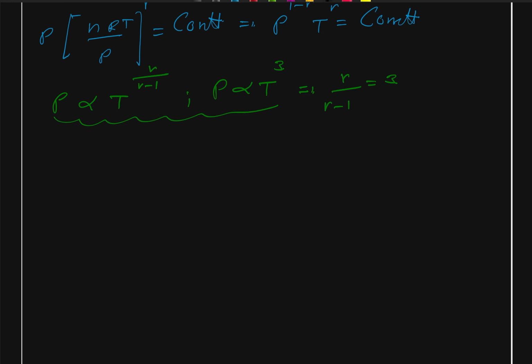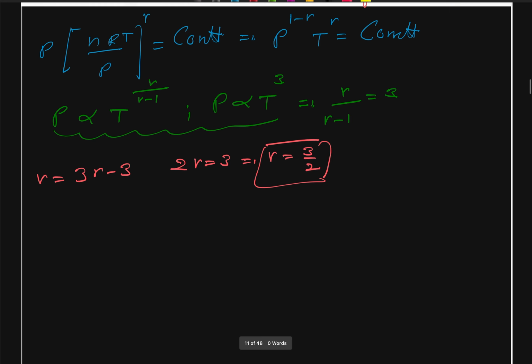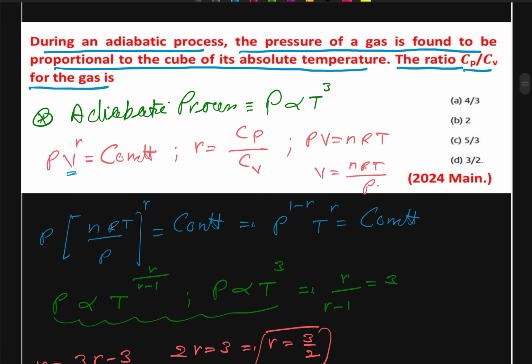From here we get gamma is equal to 3 gamma minus 3, and this gives us 2 gamma is equal to 3, which gives us gamma is equal to 3 by 2. So option D is correct.